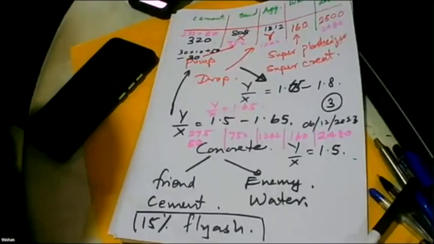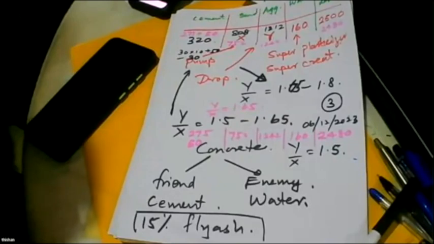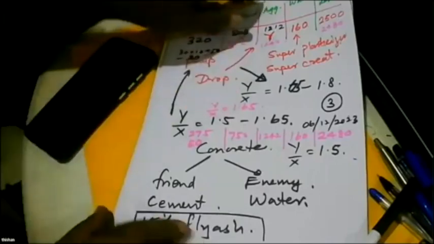Whether you use 30 megapascal or 40 megapascal, the amount of reinforcement that you need will be exactly the same. So in such a scenario, is there any point in selecting 40 megapascal? No point. So don't select high strength concrete for the sake of selecting a high strength concrete. How are you going to manage it?